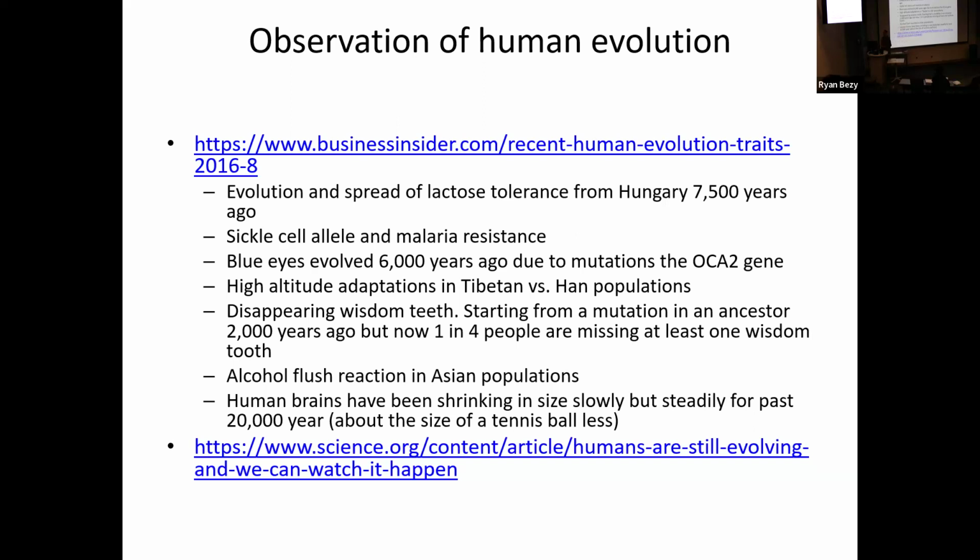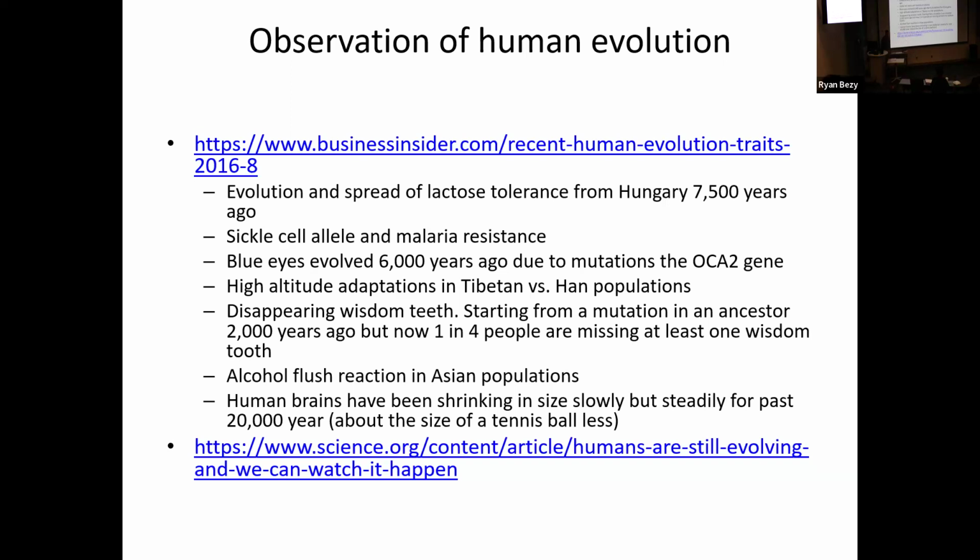And that mutation has spread out of southeastern Europe into all around the world, in essence. With the advent of farming practices, people started consuming milk or cheese or other fermented products, and being able to eat lactose was an advantage. And so that mutation has spread.